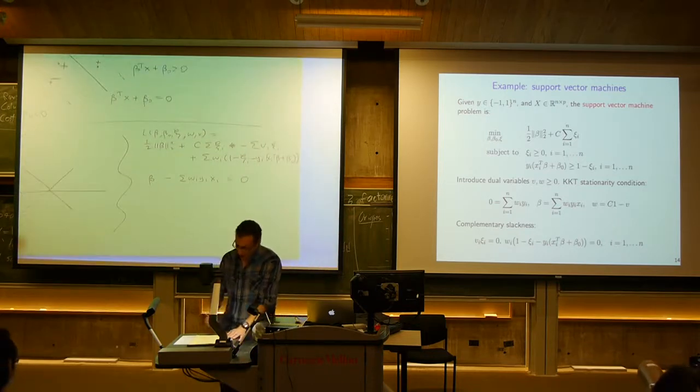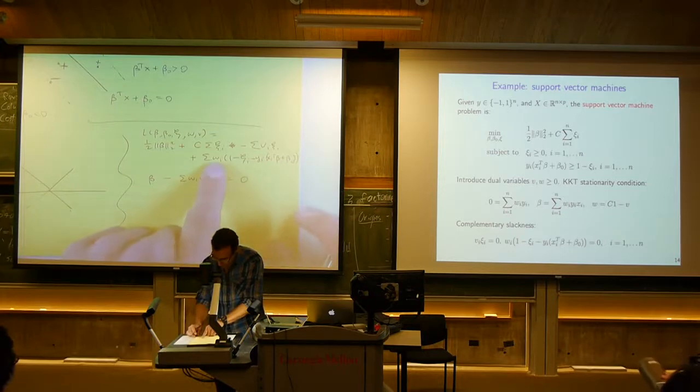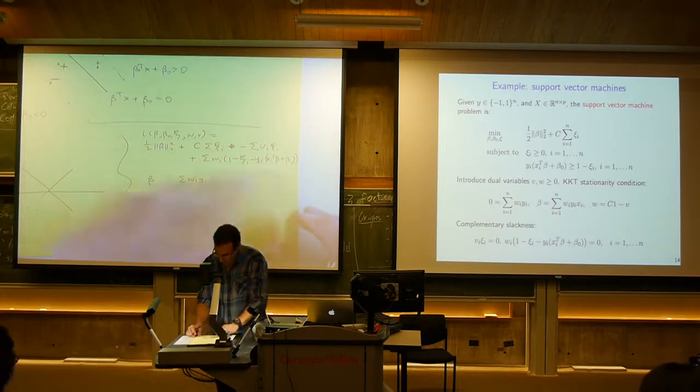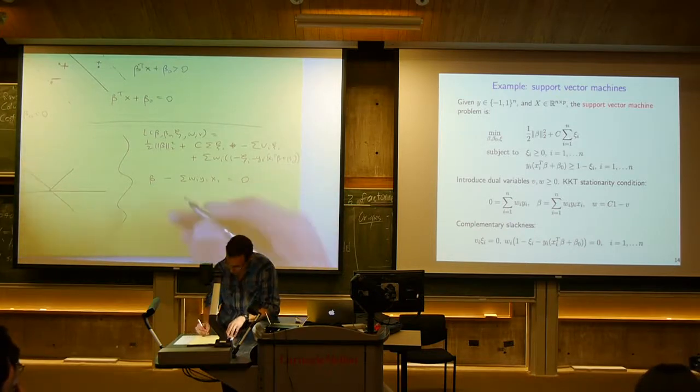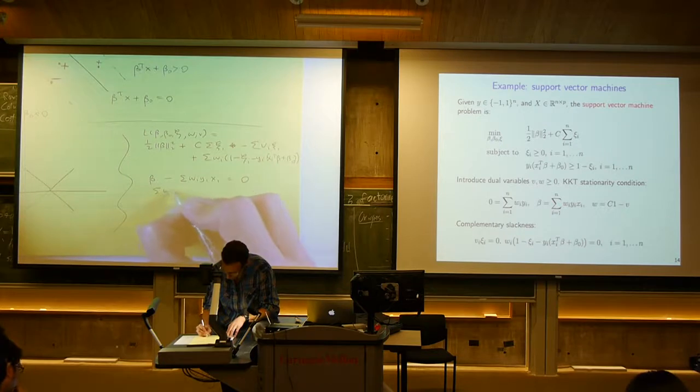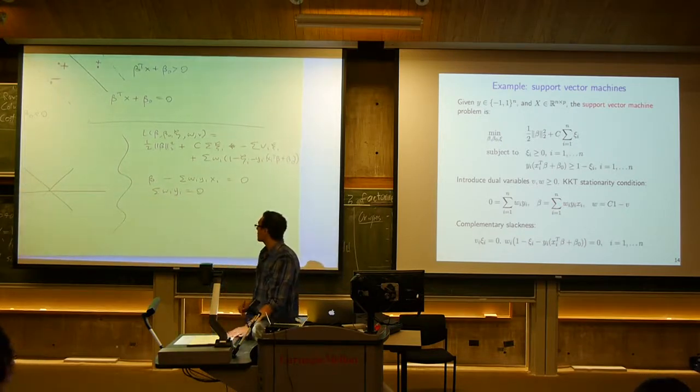How about beta naught? For beta naught, we only have the sum of y_i times w_i times beta naught appearing in the criterion. And beta naught only appears as a linear term here, so that tells us that the sum of y_i times w_i must be equal to 0. That's the beta naught block of the stationarity condition.